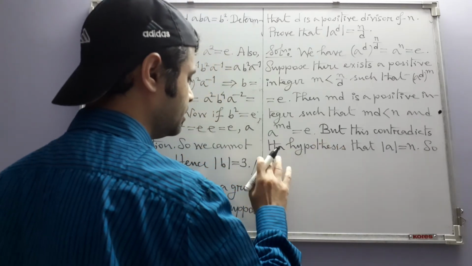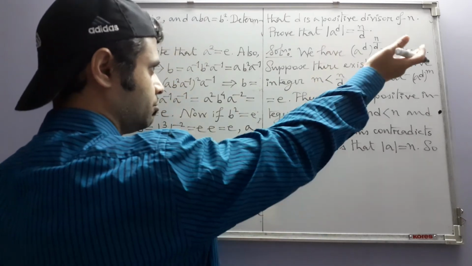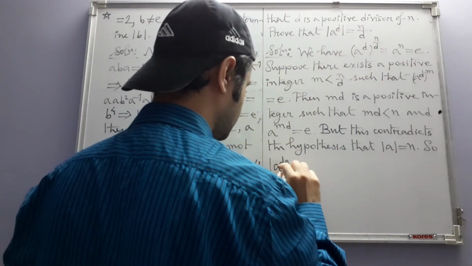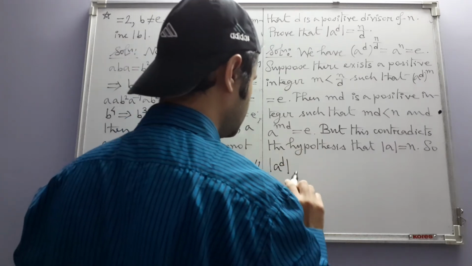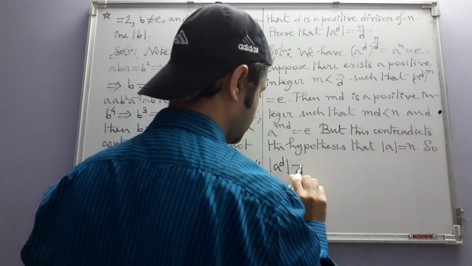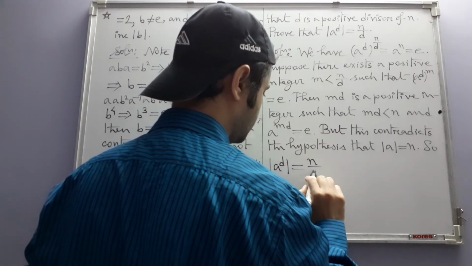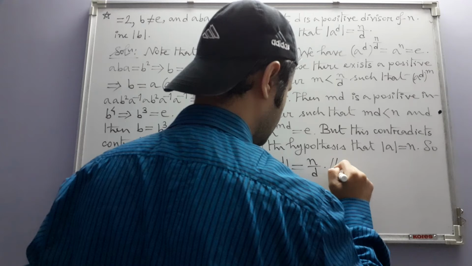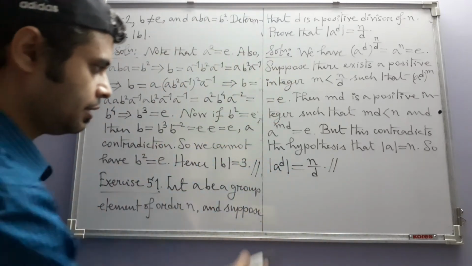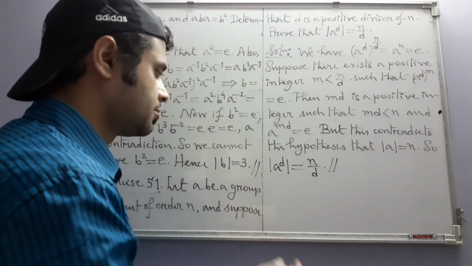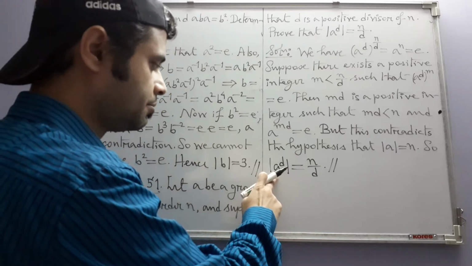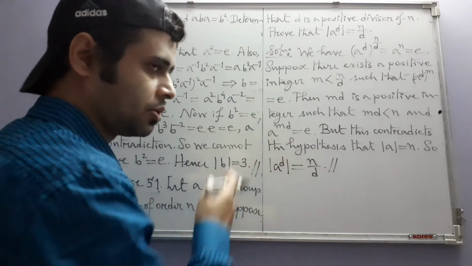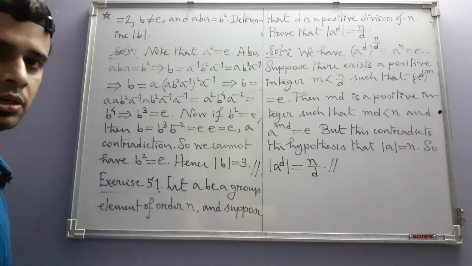So n by d is the smallest positive integer for which this is happening, and without writing anything much more, we can now directly conclude this. So you can see that if you take powers of a given element, then the order, the higher the exponent is, the smaller the order is.